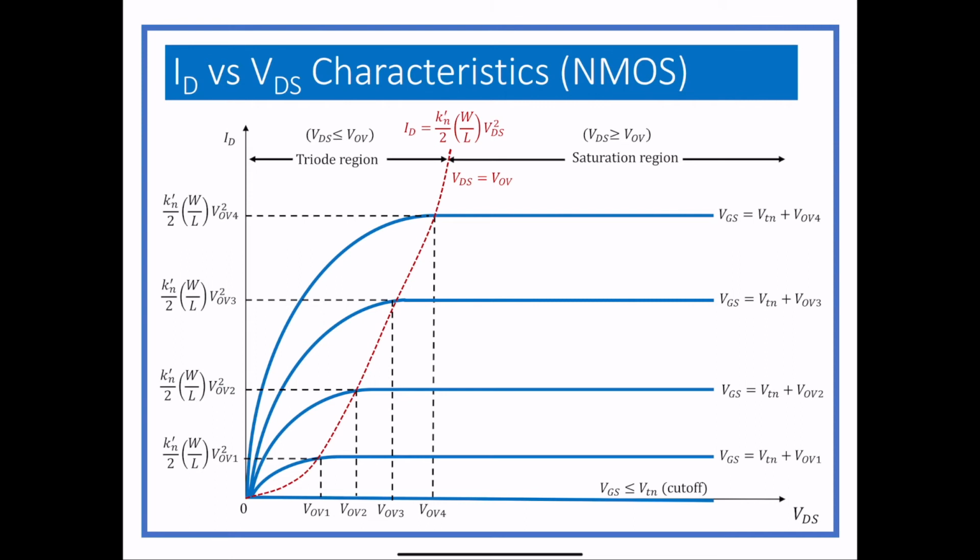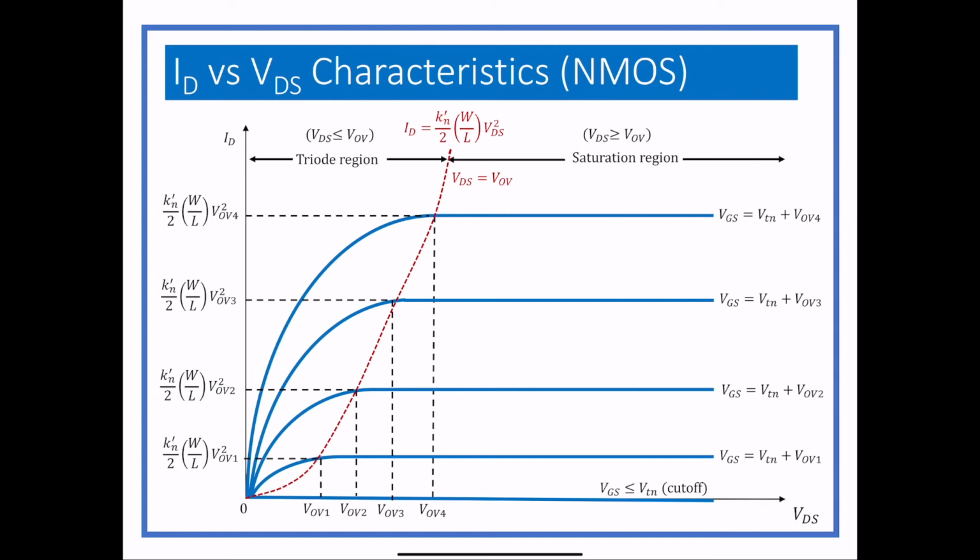So the triode region has a curve separating it from the saturation region, and that curve is described by the red equation above it. So you can actually find that curve and plot it. Not that we would ever do that in here, but one could. That's the point where VDS is equal to the overdrive voltage, and so it's going to be different for each value of VGS. So we end up with a graphic that describes almost everything that goes on with an NMOS.